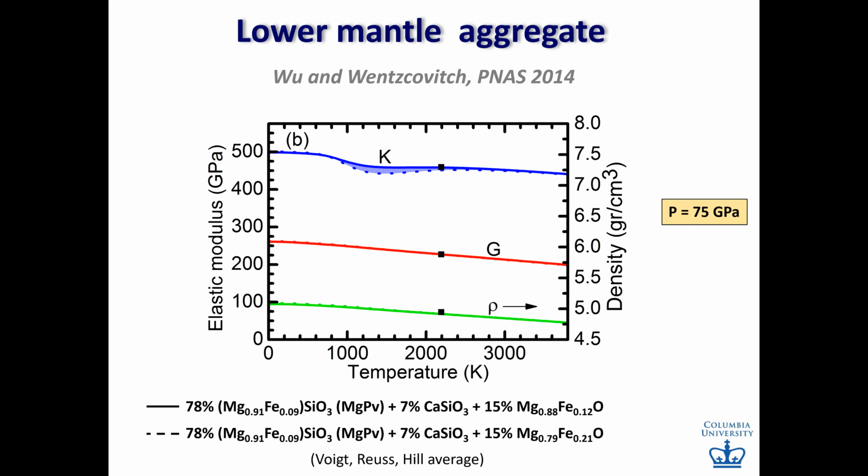If you're sitting at 1500 kilometers depth, 75 GPa, and there is a hot anomaly nearby, when you move to that hot region, the shear modulus decreases and the bulk modulus increases. The shear velocity decreases and the compressional velocity becomes quite insensitive to lateral temperature variations. And this is the message here.